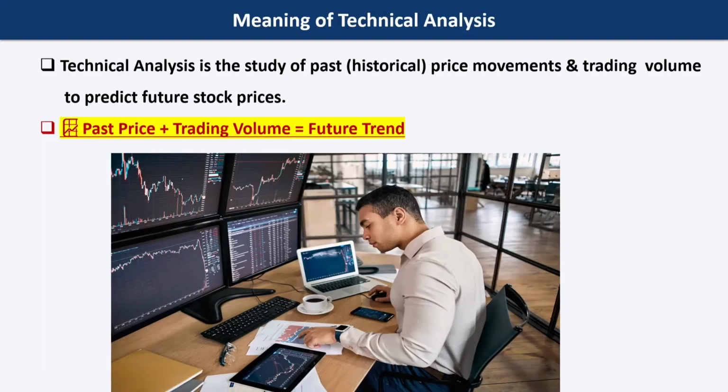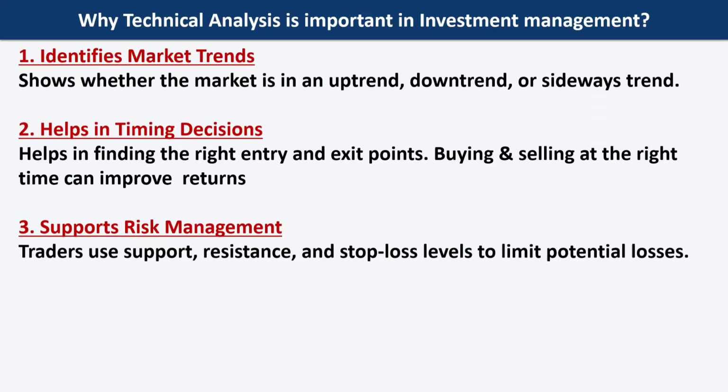Here we are taking into consideration two things. What's the first one? We take past price movements, meaning historical price movements, and also we see trading volume. These two will help us to predict our future stock prices. You can see here past price plus trading volume is equal to what? Future trend.